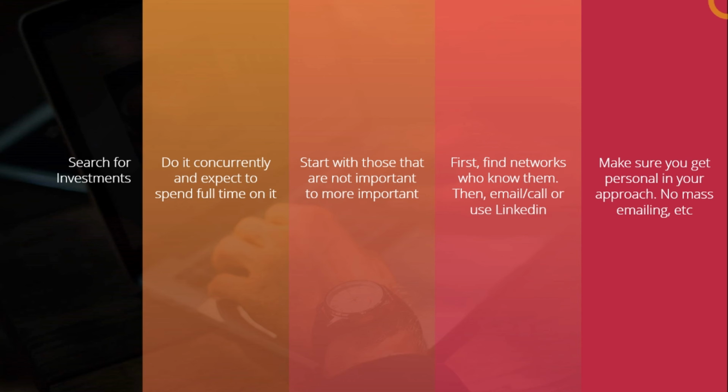And remember to make sure that you get personal in your approach. No mass emailing. Know their name, know what they do, know the industry that they're in, their investees, and a lot more. Even try to know their hobbies or their interests. That way, you will craft a special email to each and every one of them, not a template-based email.